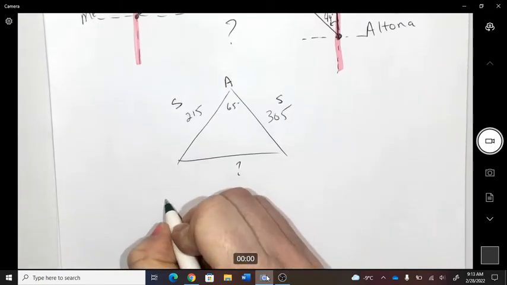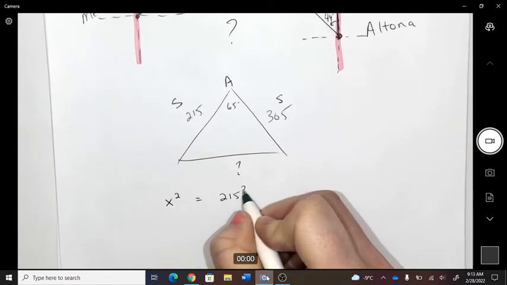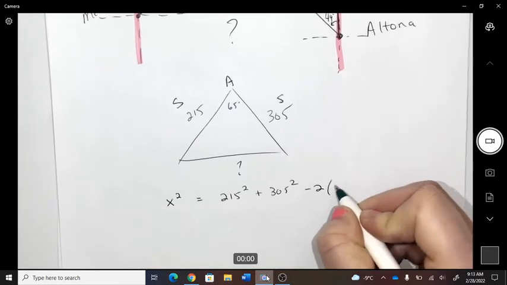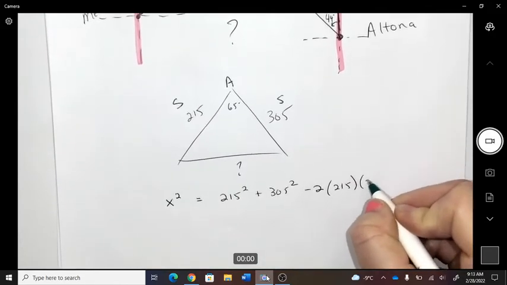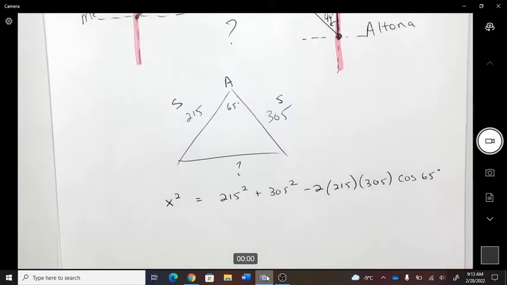Okay, so here we go. X squared equals 215 squared plus 305 squared minus 2 times 215 times 305 cos 65. Okay, do you remember that formula?